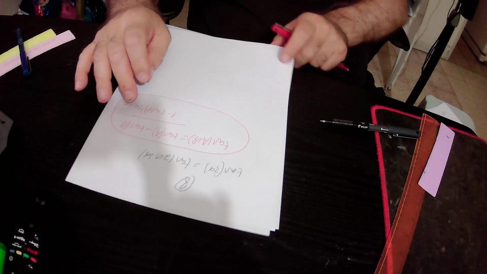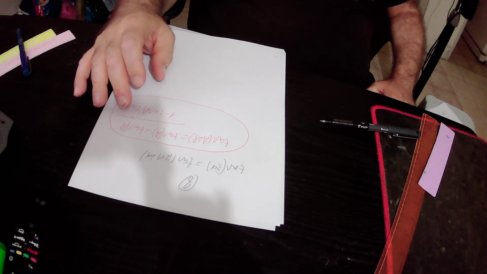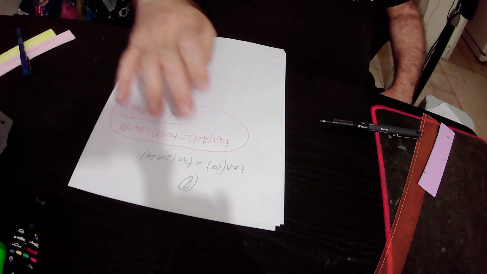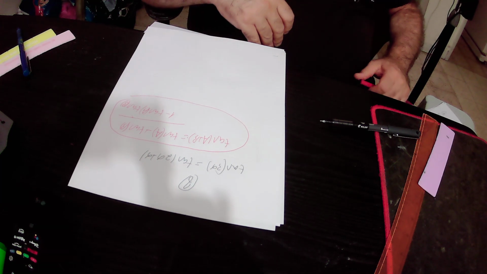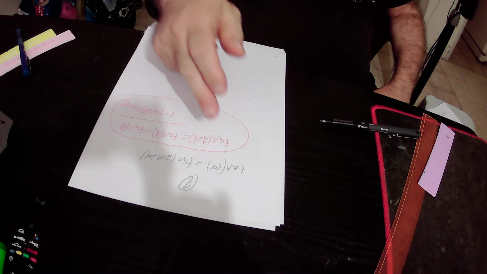So we will use this trigonometric identity in order to find out the value of tangent of 2 alpha plus alpha. That actually equals tangent 3 alpha.